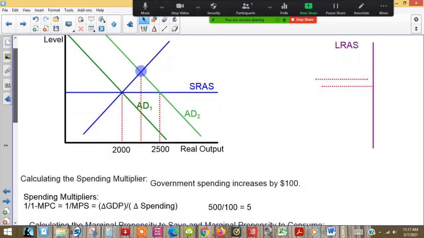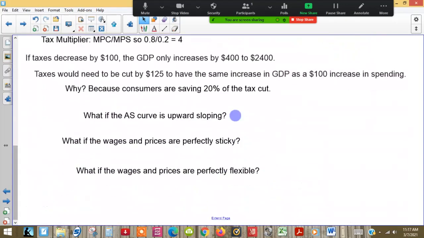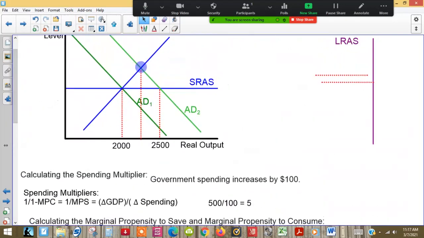And then lastly, we want to look at what if wages and prices are perfectly sticky. Well, that's what we have. We'll take this guy out. That's what this is, right? A perfectly elastic short run aggregate supply curve implies that prices and wages are perfectly sticky.